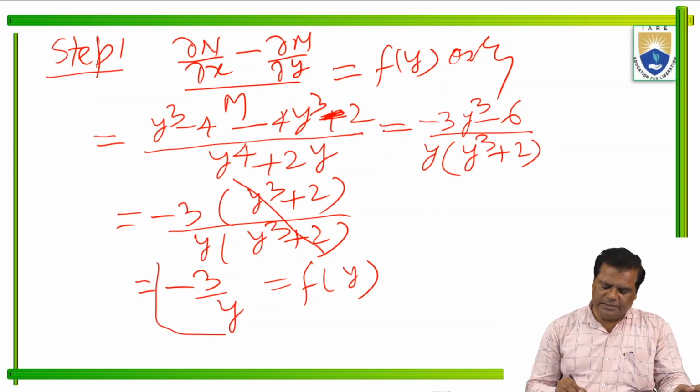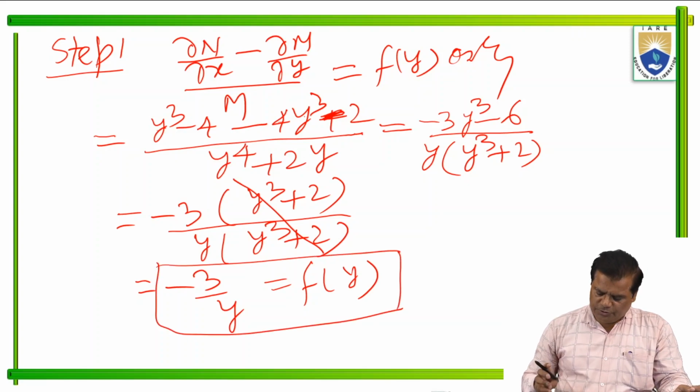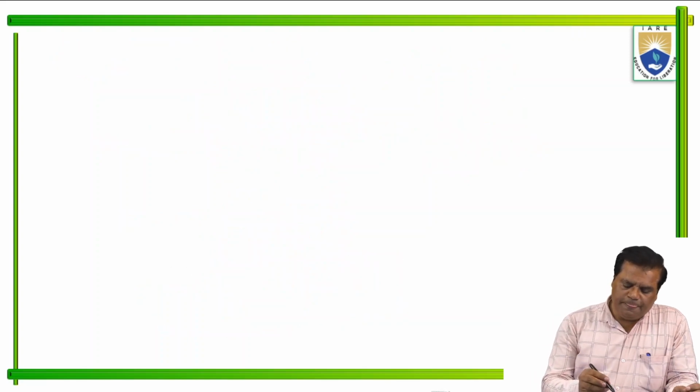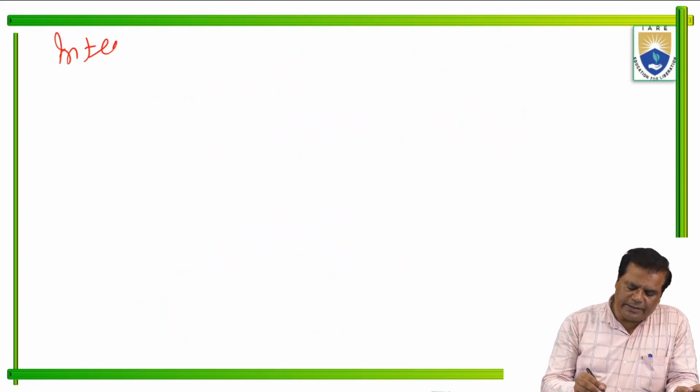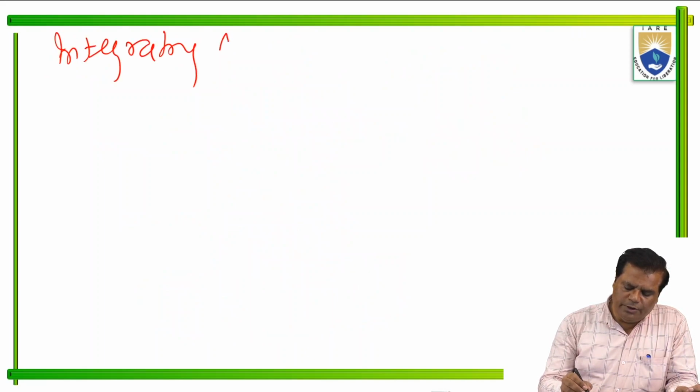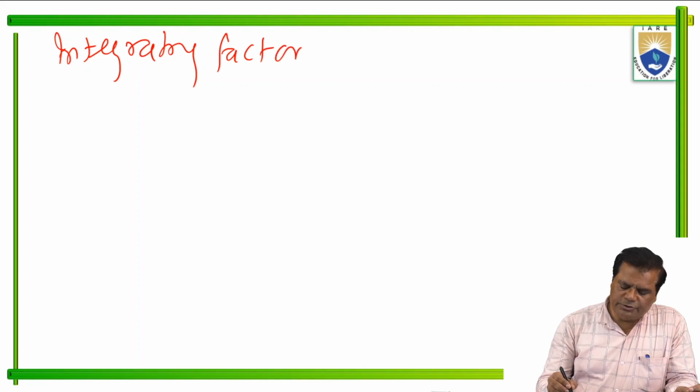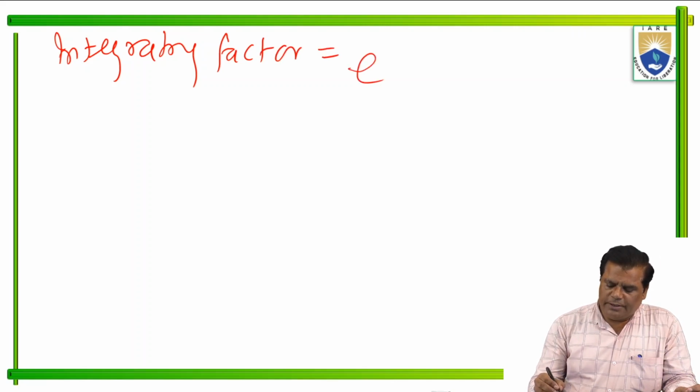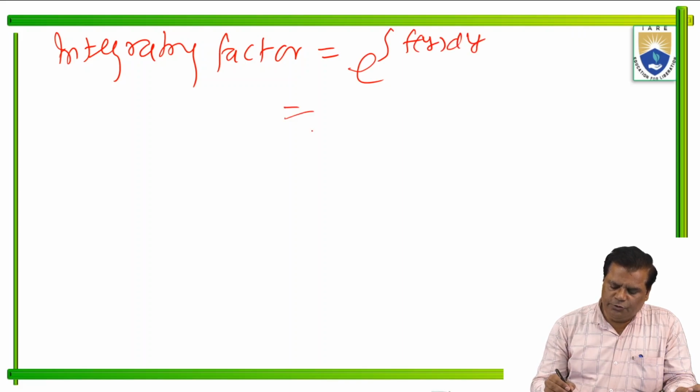This is the function of y only. So now the integrating factor is e to the power integral of f(y) dy, so e to the power integral of minus 3 upon y dy.